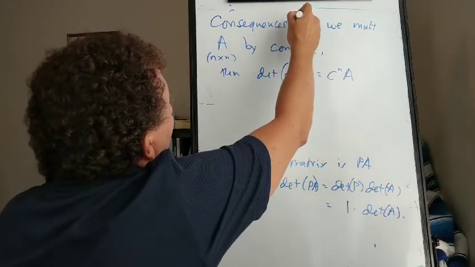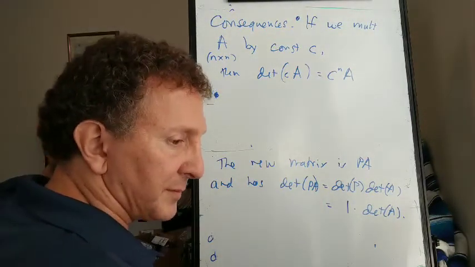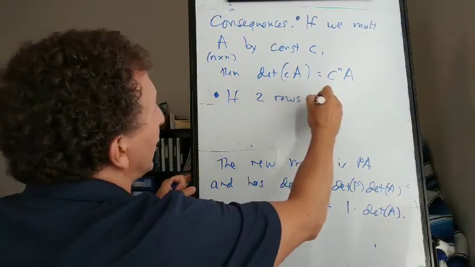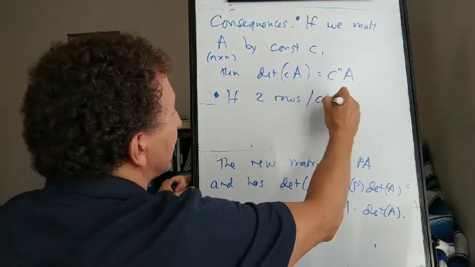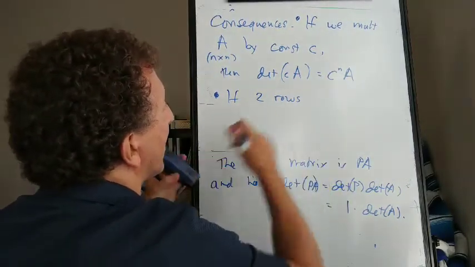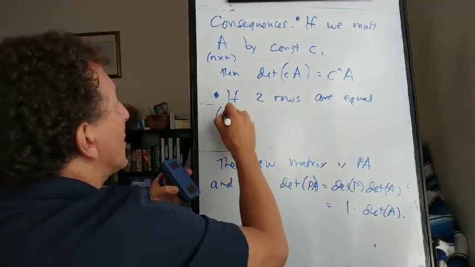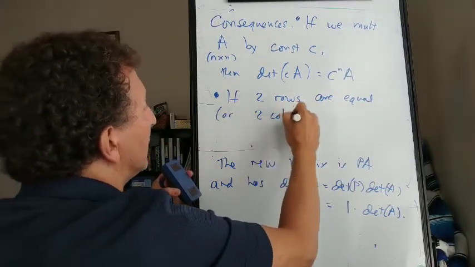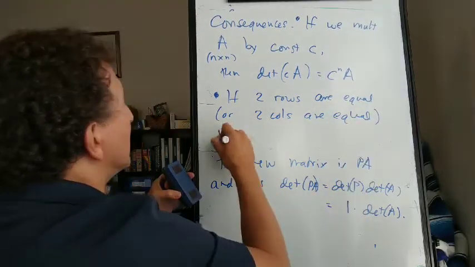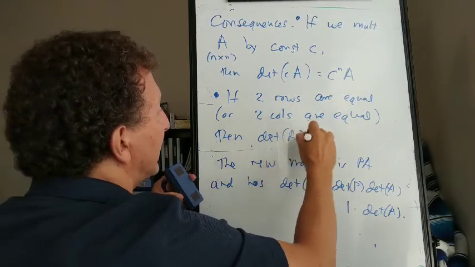So that's one consequence. Another consequence is if two rows are equal, or if two columns are equal, then the determinant of the matrix is 0.